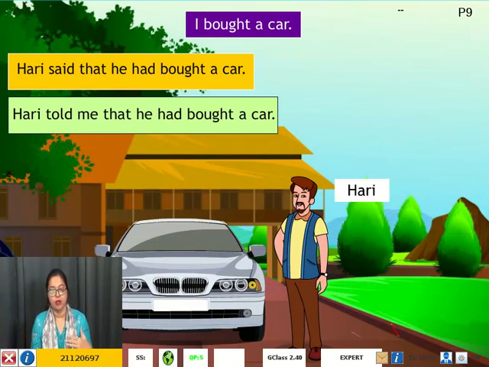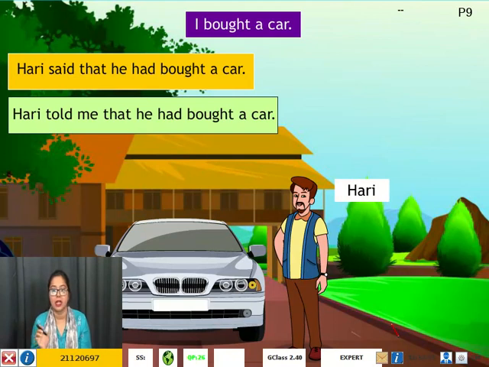So in two ways we can convert from direct speech, as I've told you earlier also. We can use the word said, and at the same time we can use the word told. Sometimes we can use that as a connector, and sometimes we may not. Both are correct.